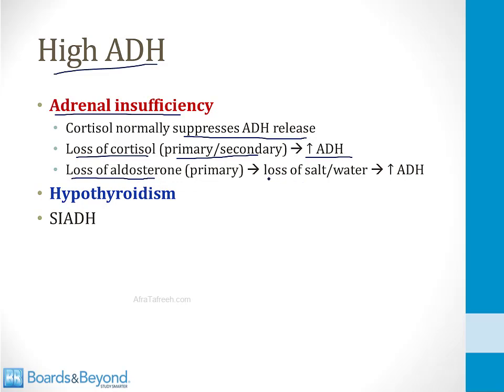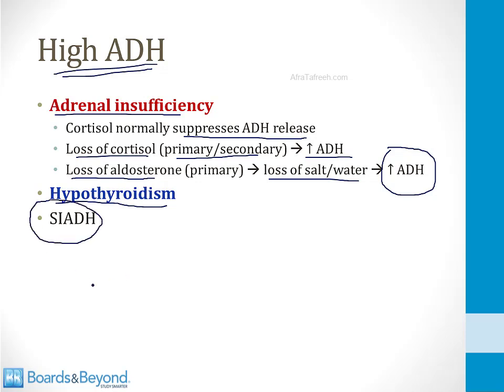This can lead to salt and water loss through the kidneys, and that can raise ADH levels by depleting intravascular volume. Hypothyroidism is also a classic cause of hyponatremia. It's believed to be related to high ADH levels that occur when thyroid hormone levels are low. And then a final cause of hyponatremia related to high ADH levels is SIADH, so let's talk about that now.